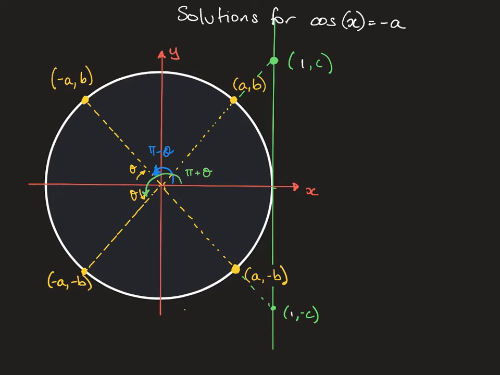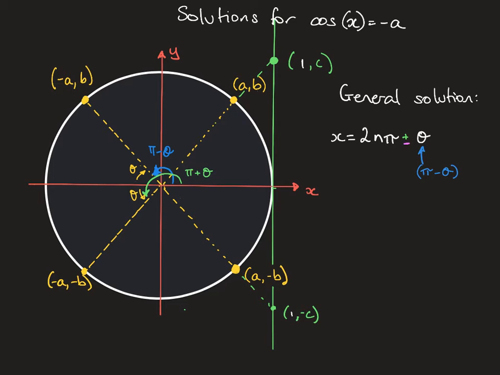So we need to choose one of those two angles as our first angle in our solution. So for the general solution, remember that this theta is one of our first solutions. So we're actually going to replace this for our negative answer with our first solution, pi minus theta, in our general formula. And so it will work something like this.